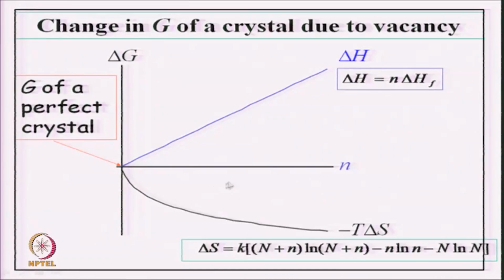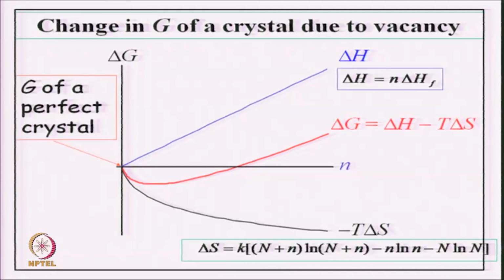So, delta H will start becoming dominant and the curve will come up. So, if you plot this curve, you get something like this. The red curve now is the sum of this blue curve and the black curve. Delta G is the sum of delta H minus T delta S. So, I have this free energy curve.